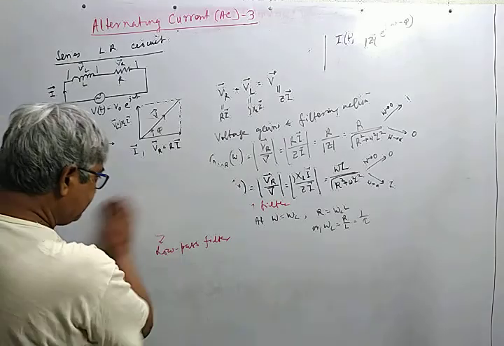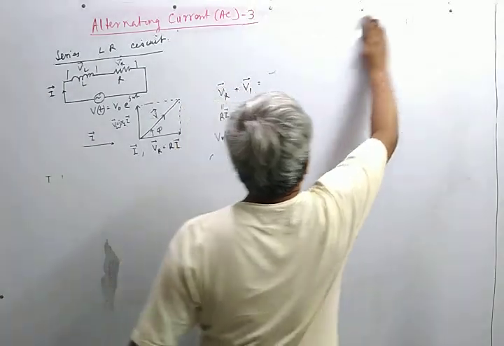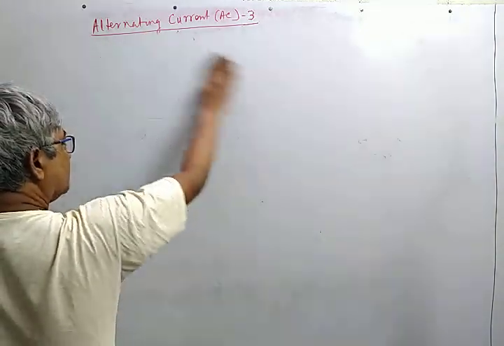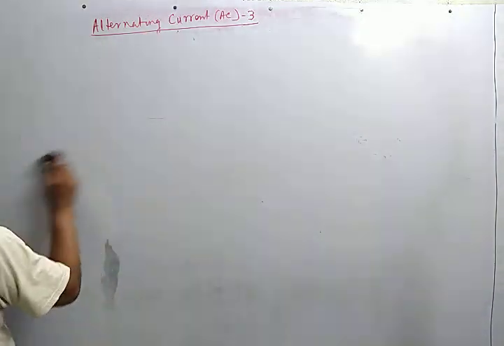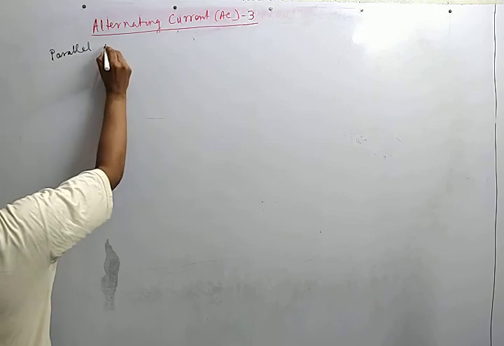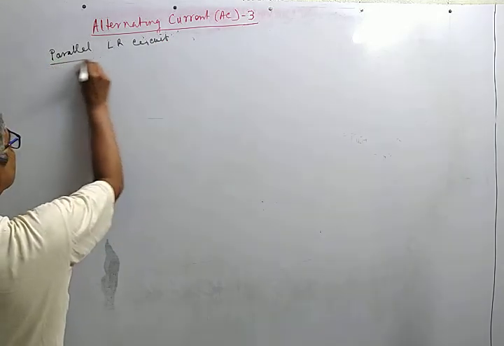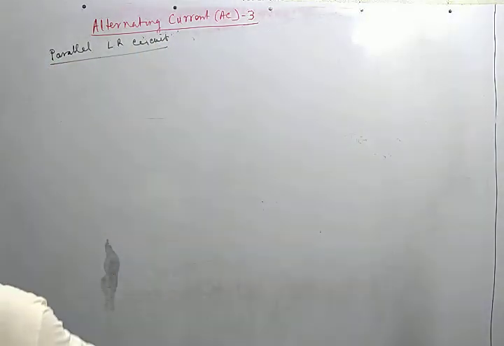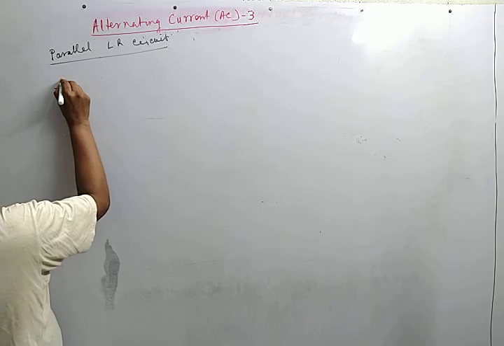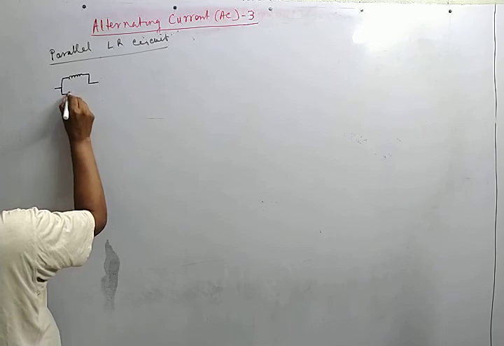So the circuit is something like that. We have an inductor and we have a resistor.